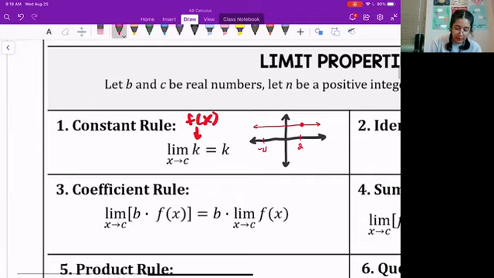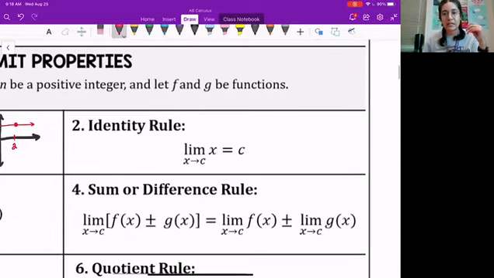If I'm at -4, I'm still at a y value of 7. So if your function is just a constant number, no matter what x value you're approaching, your limit will equal that constant number. We'll be using that one a little bit today later in the notes.